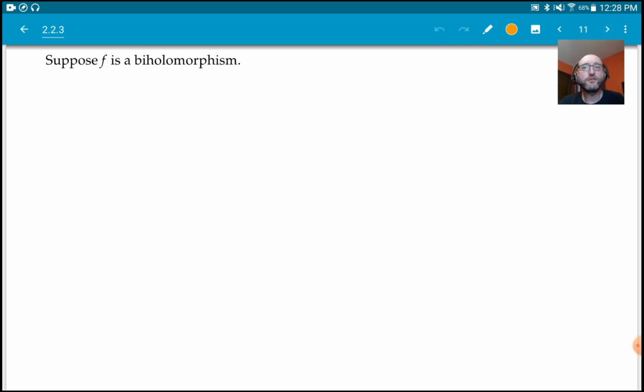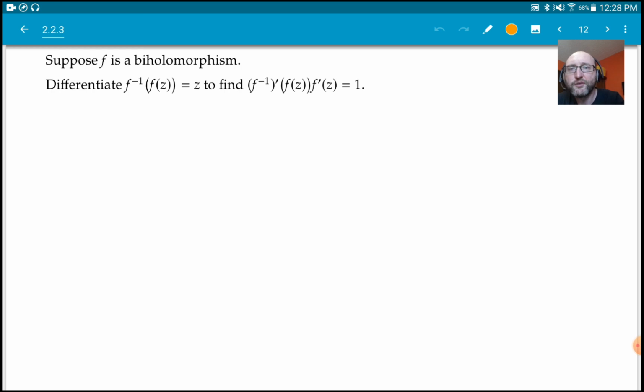All right, so suppose f is a biholomorphism. So if f is a biholomorphism, it has a holomorphic inverse. So this equation is true. I can differentiate both sides, and I will get this complicated mess, right?